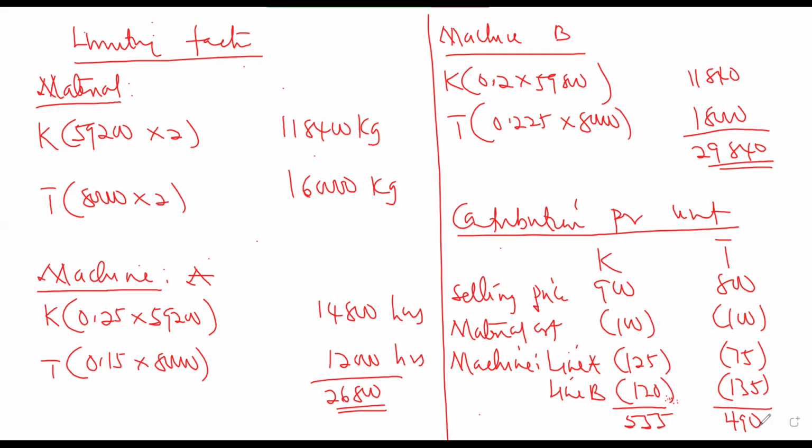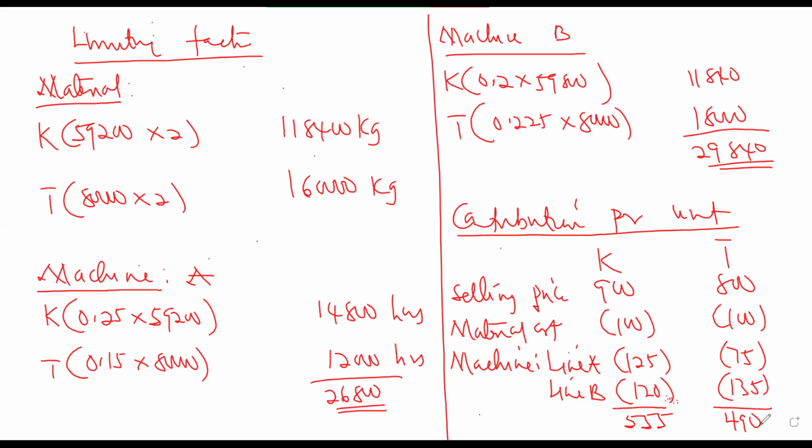If you don't have the material, how would the production continue? They are all using material per unit of 2, isn't it? So if they are all using 2, we can say that we should produce product K.